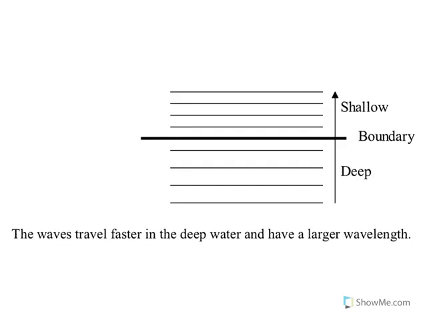So here's one where we've got deep water and then it changes to shallow water. So they're travelling faster in the deep water, longer wavelength, and they get to the shallow water, they slow down, and the wavelength decreases.